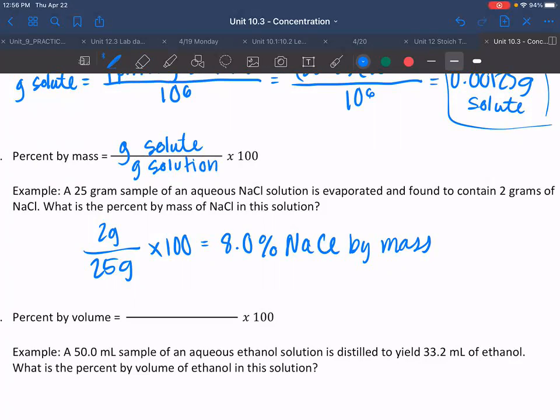All right, one last thing to get through, guys. It's just for volume then, it's mils of solute over mils of solution. So I know we use liters for molarity, but for percent by volume, for whatever reason, we're gonna use milliliters.